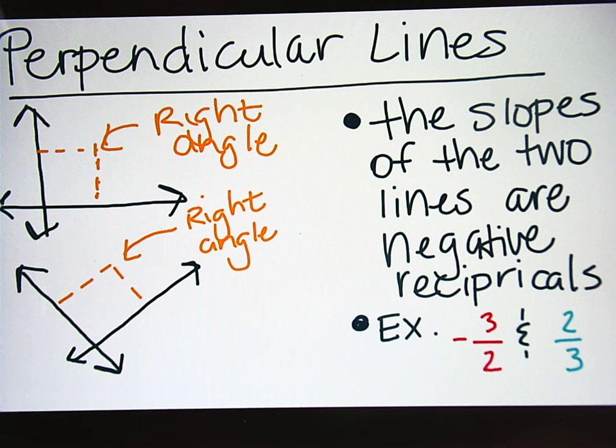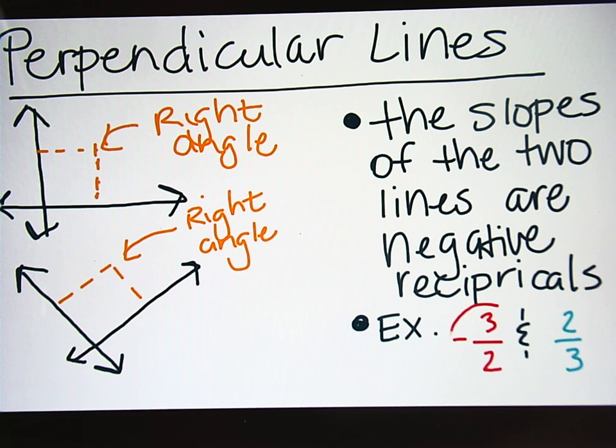So, for example, if we're dealing with this set of perpendicular lines, this first line has a slope of negative 3/2. The other line, this one here, has a slope of 2/3.